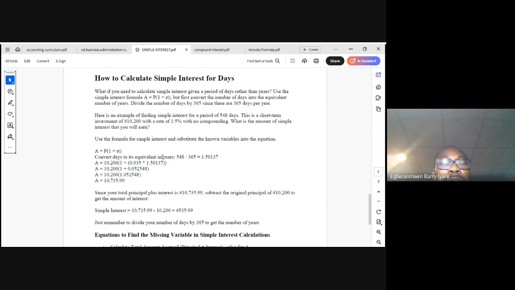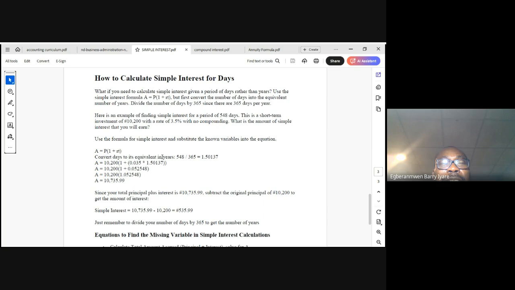So from the question, we have P to be 10,200. Rate, they gave us 3.5. If you divide it by 100, that will give us 0.035. Time, we have 548 days. If you divide it by 365, you get 1.50137. Are we okay with that?